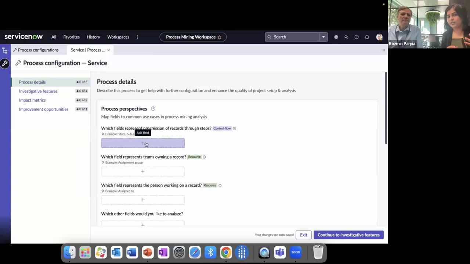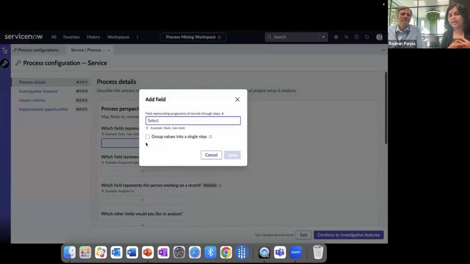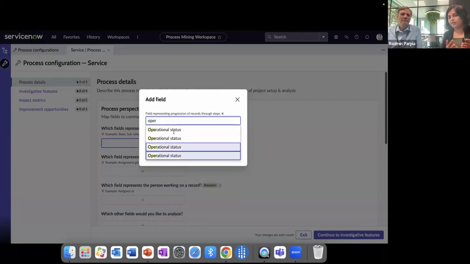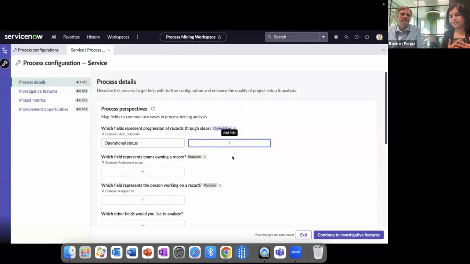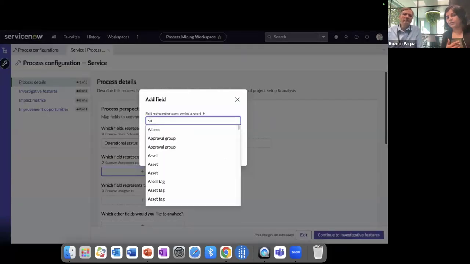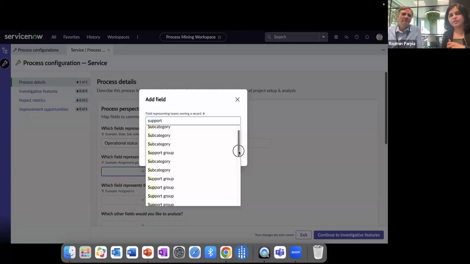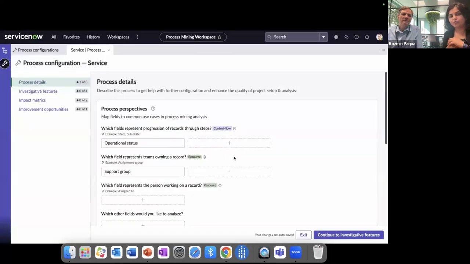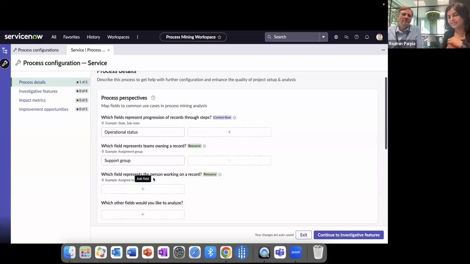So everyone can leverage the benefits of using process configuration. It asks you what fields you want to use, and you say, okay, I want to use, say, the operational status of a CI, or the support group, whatever fields you're interested in mining. You just point those fields here, very quick and easy. There is one session coming up in June where my team will explain the benefits of this process config builder in detail.